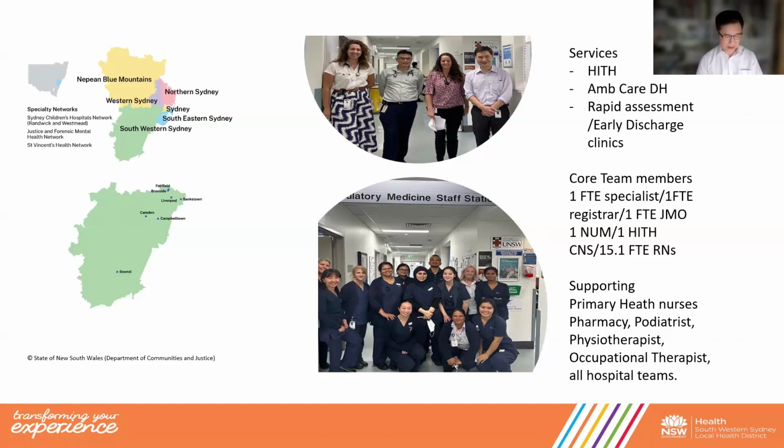Primary health community nurses are not core members of our team, but assist us with our home visits. We also do not have dedicated allied health in our unit, but they're actively involved in our patients. As the hospital ward, we benefit mutually in working collaboratively with all hospital teams.